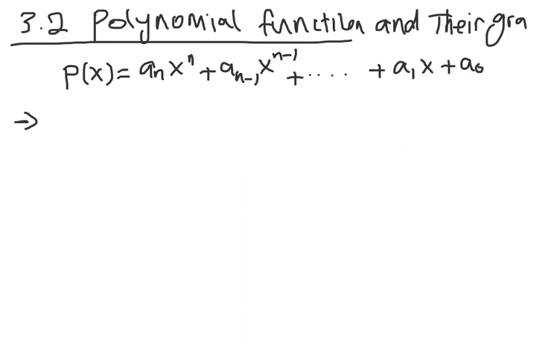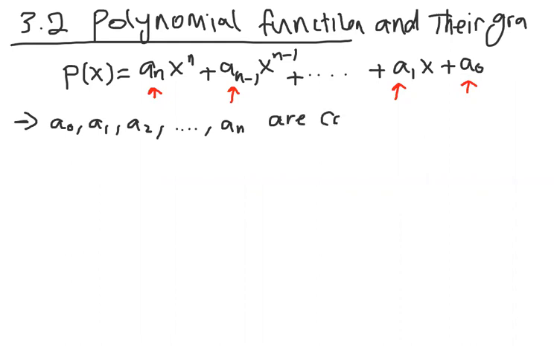So we have some notes here for the polynomial function. First thing, in the red color, A0, A1, A2, up to AN, all of these are called coefficients.